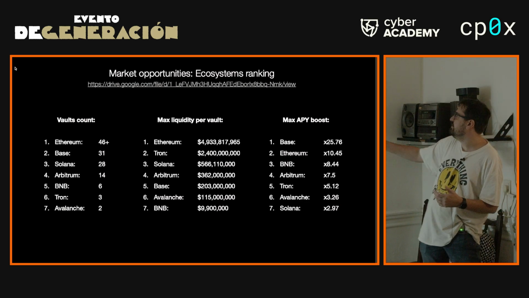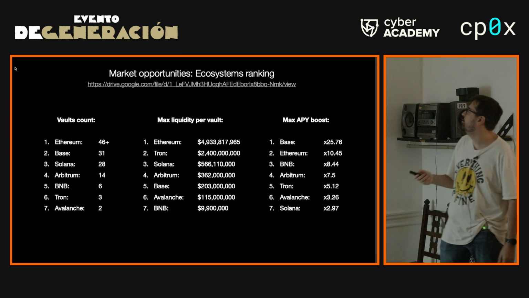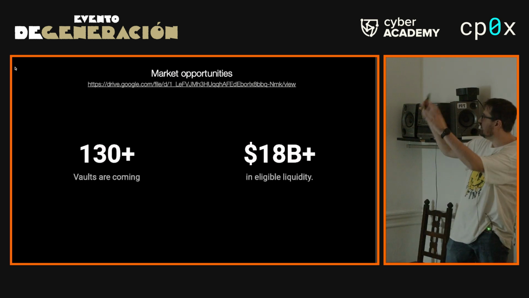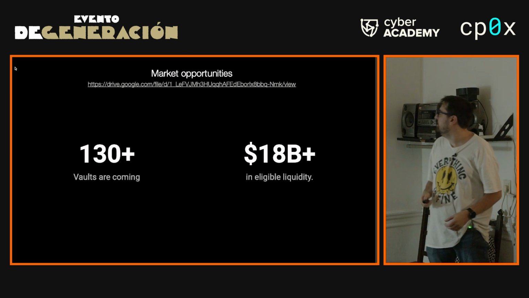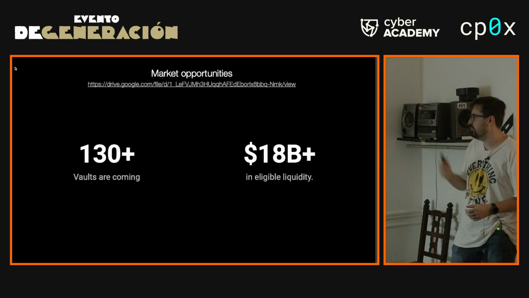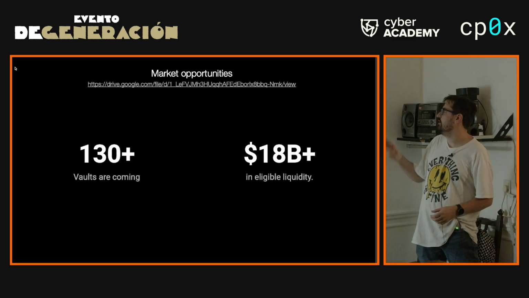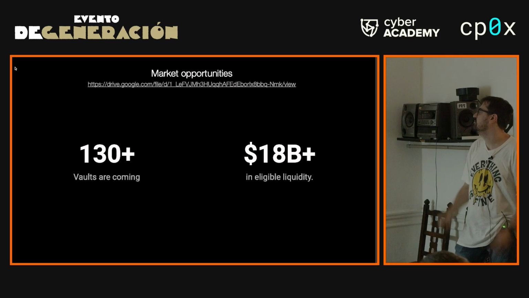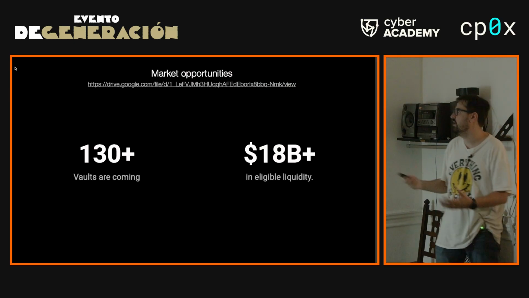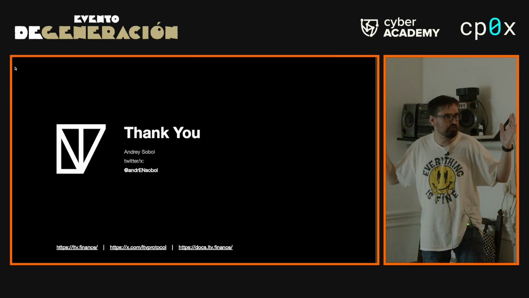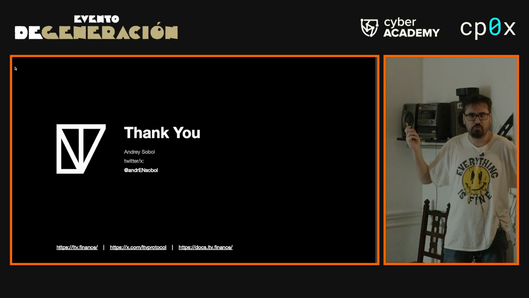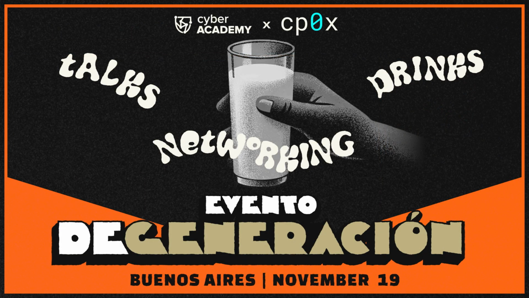And this is the liquidity that we can get on every vault. Here's the total liquidity, more than 10 billion of TVL and more than 100 vaults that you can deploy right now. Thank you very much for your attention. I hope you enjoyed it. Thank you very much.